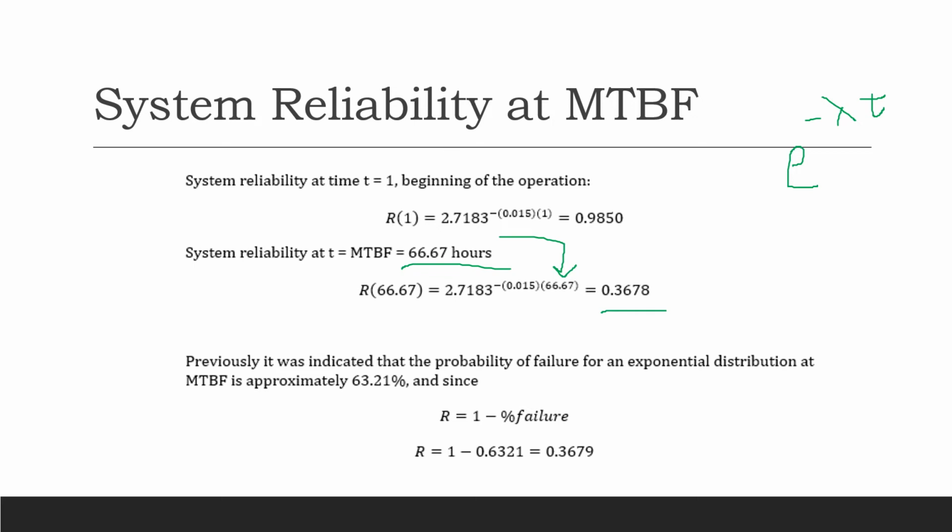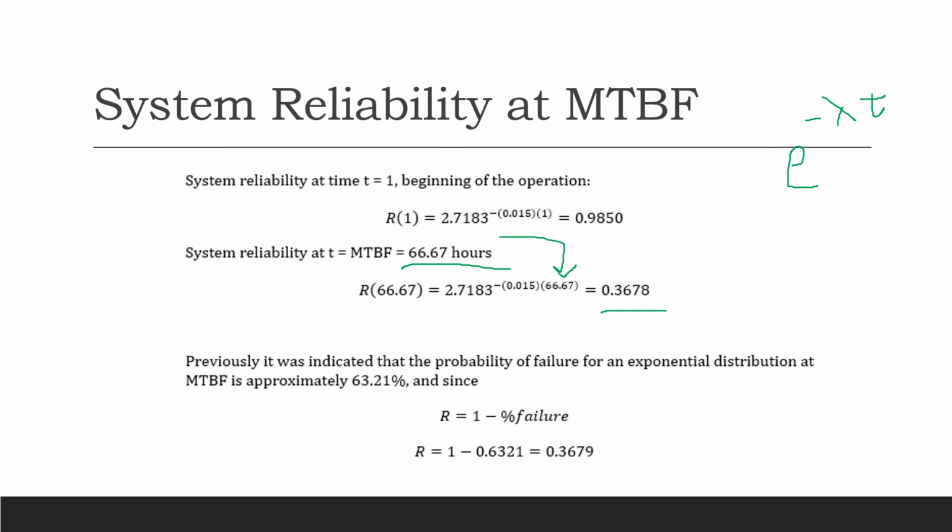If you ran your system only 1 hour, it is 98.50% reliable. If you push your system all the way to the breaking point, it produces only 36.78% reliability, meaning 1 minus this will fail. So we don't want to push the system all the way to this point.